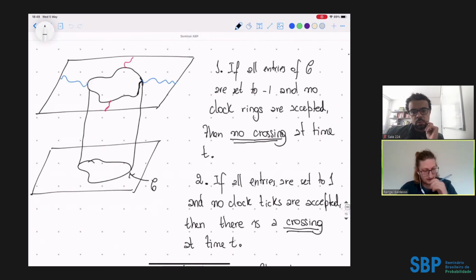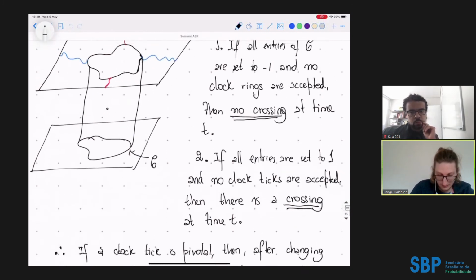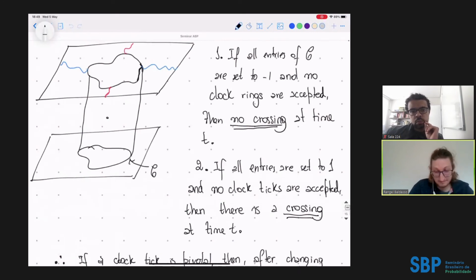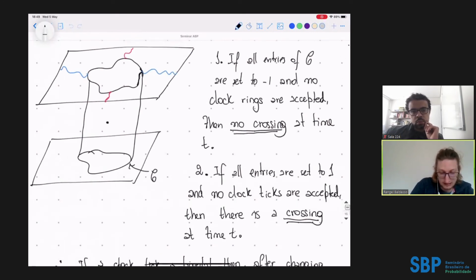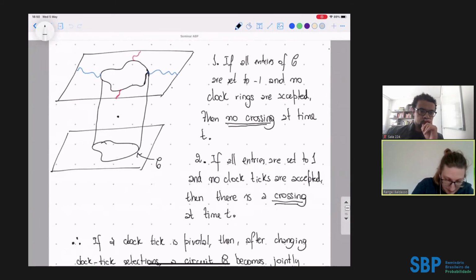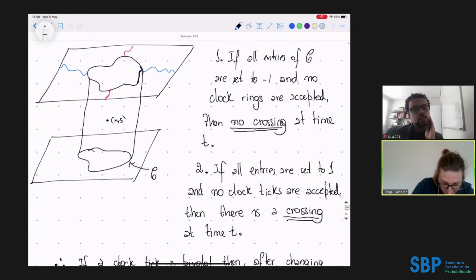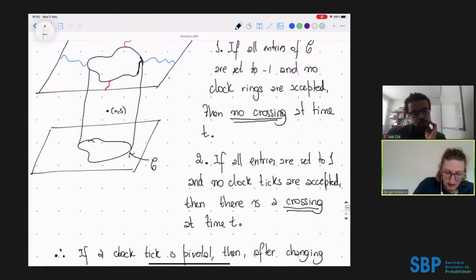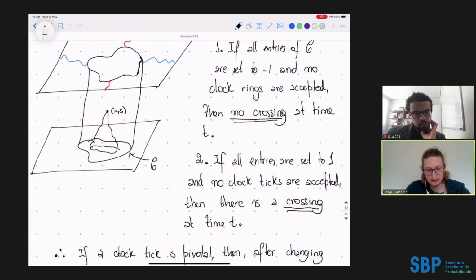So what we do is we define a transformation of our entries that changes pivotality at some time s to pivotality of a contour at time 0. In the following way, we look at the cone of light of the past here and take a circuit that contains it.